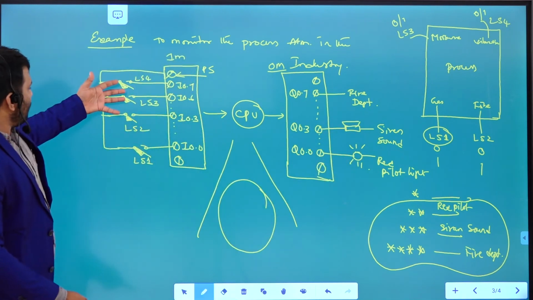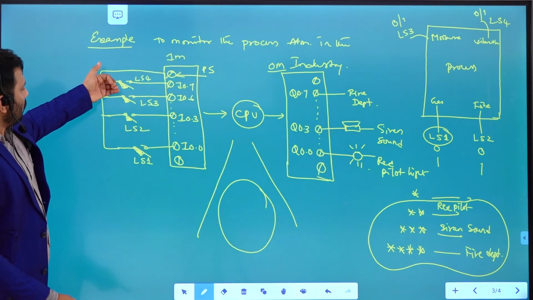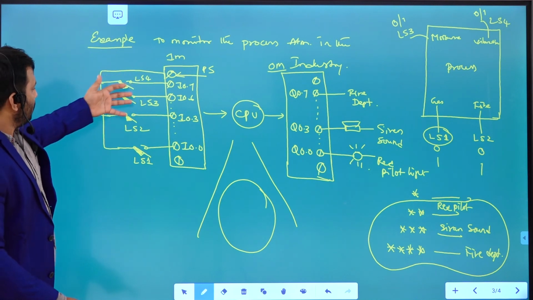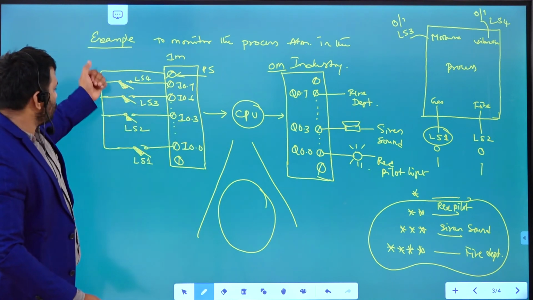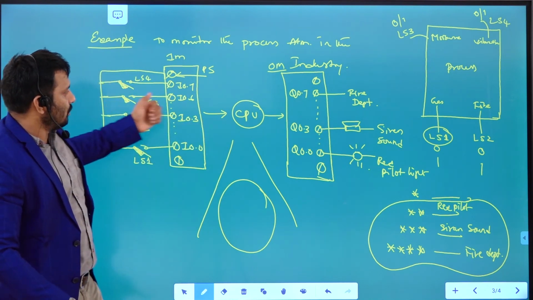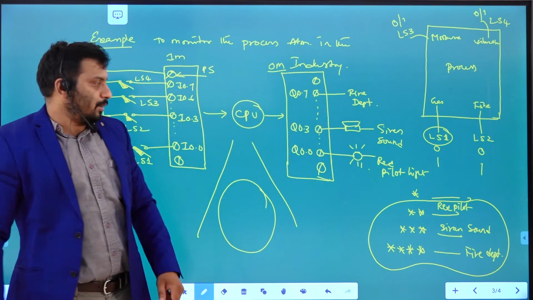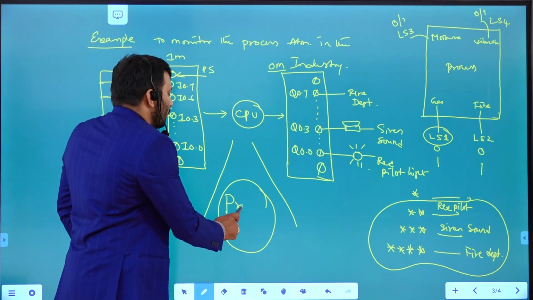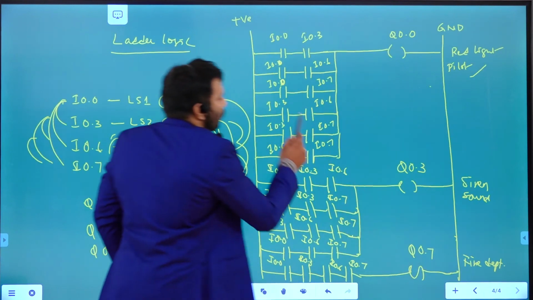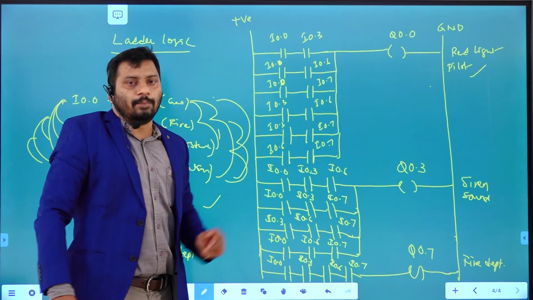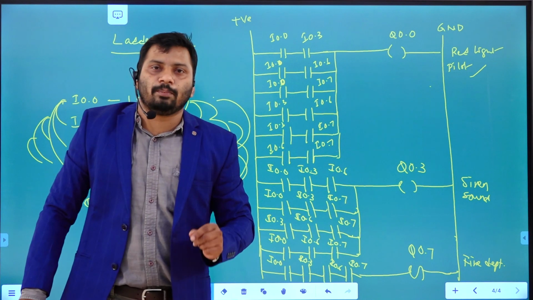If any three inputs are closed, that means giving signal, then it is going to give surround sound. If four normally open contacts are closed, it's going to indicate to the fire department. For that I wrote the program. This is the program for that application. This is the one example, right?